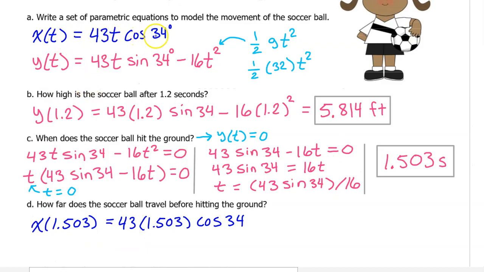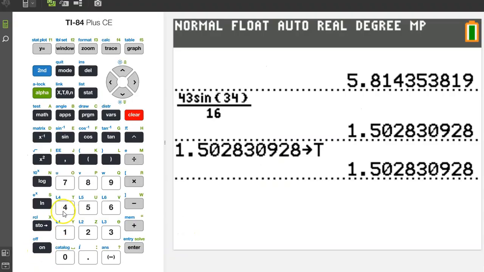Back in part A, we wrote the formula for x of t, 43t cosine 34. Now we need to find x at 1.503, so that'll be 43 times 1.503 cosine 34. But in my calculator, I'm just going to put in a t right here. So I'm typing in 43t.